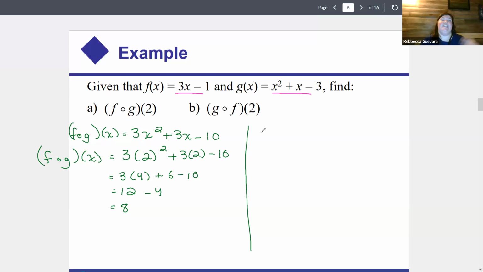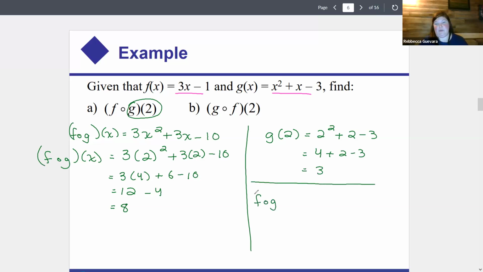So let's assume we did not find F composed of G first. The other thing we can do is, we know that G is inside, so we would find G of 2 first. If we did G of 2, well, here's G, so that would be 2 squared plus 2 minus 3, which is 4 plus 2 minus 3. So we're going to have 3 as a final answer.